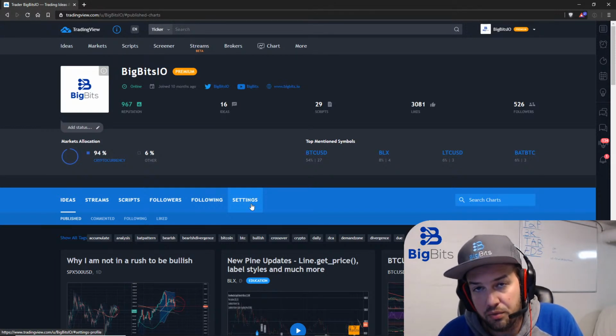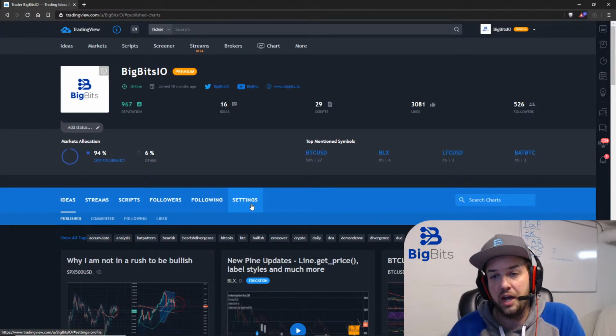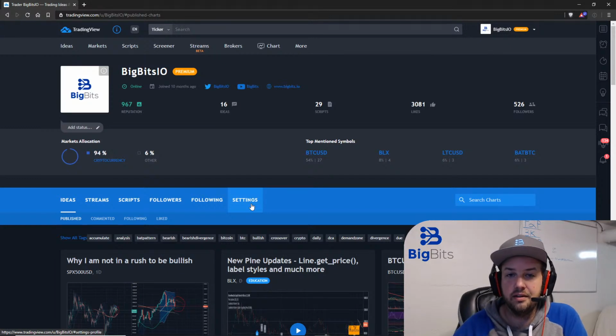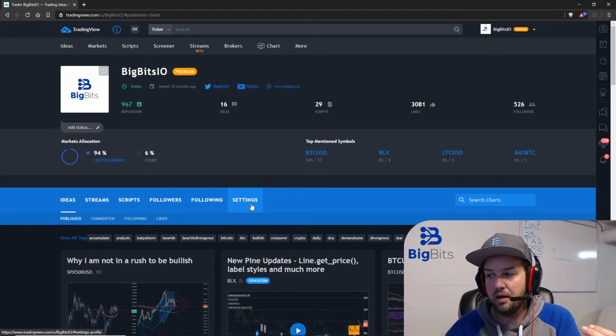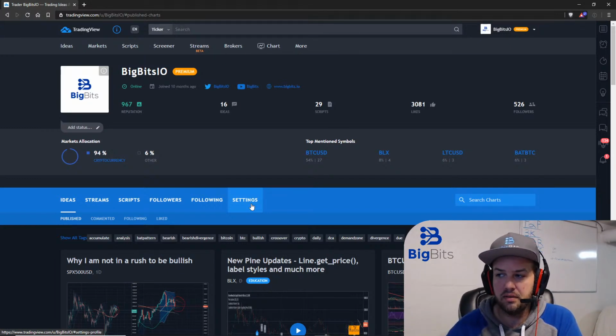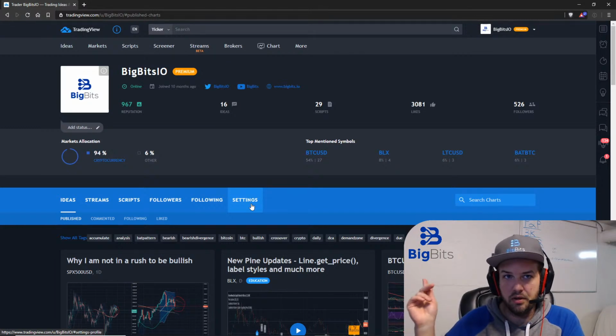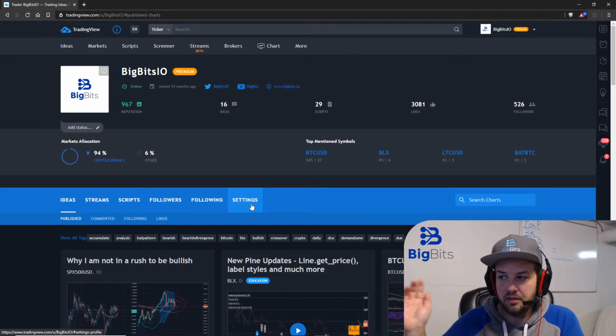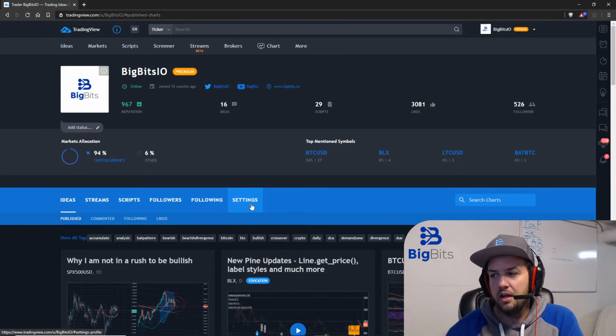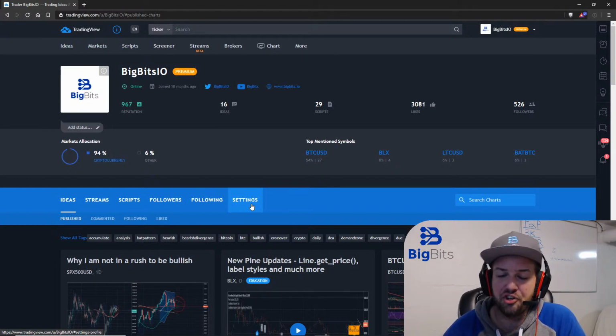So what I have to do is project this layout where I have my branding, the BigBits logo, which I believe is up here, and the nice curved edges. In order to have that, I have to use OBS, which is streaming software, and I project it onto a third screen.